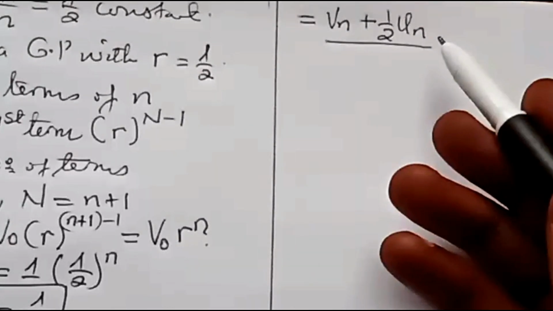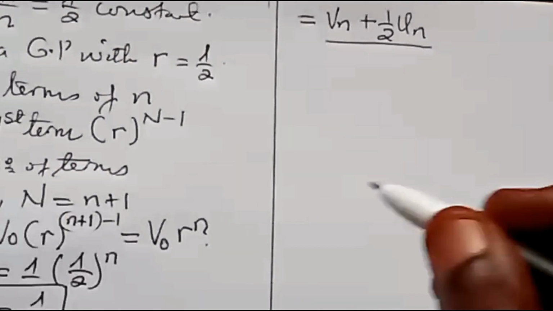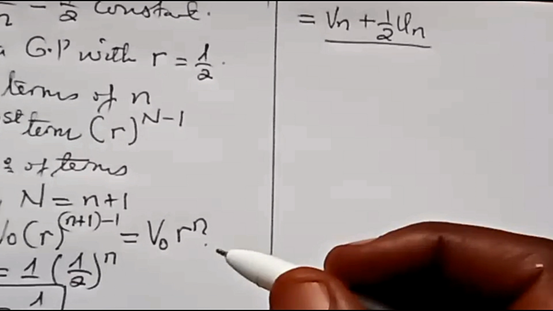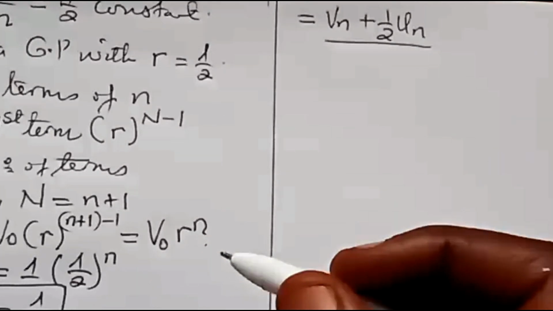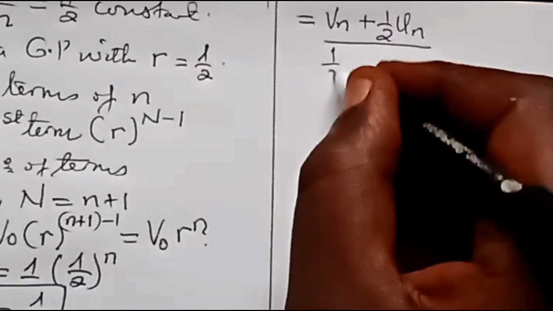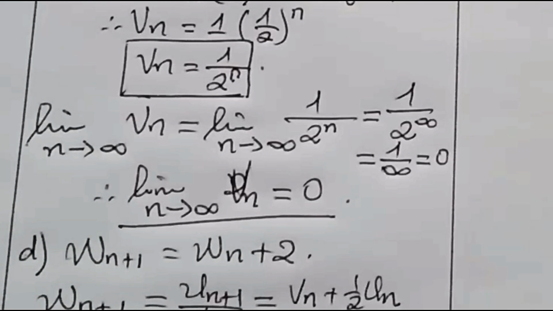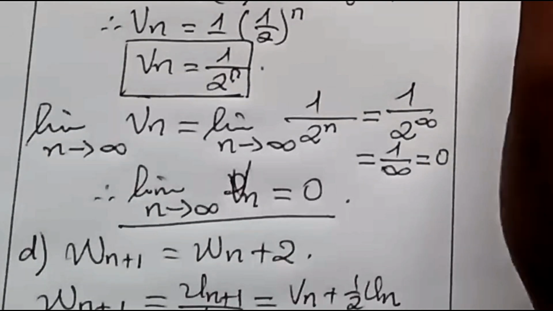Again, the numerator has simple terms, and at the denominator we have Un plus 1, which has a replacement again. We go to the expression for Vn and make Un plus 1 the subject. So Un plus 1 equals Vn plus half Un, as we had already in the D part.